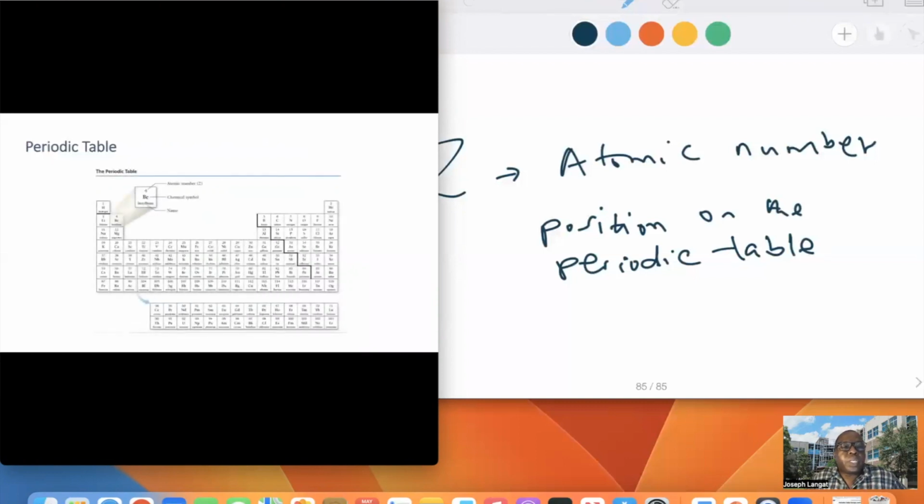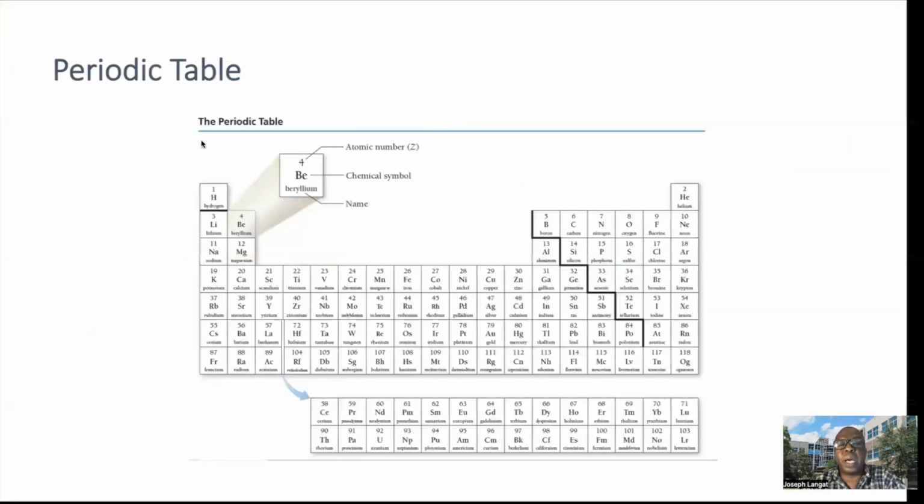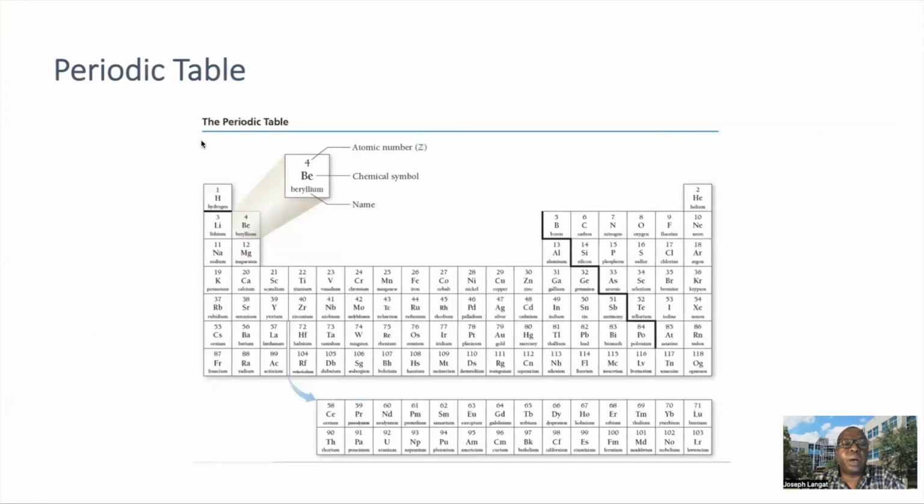This is a periodic table. You should be able to read it. Let me just zoom in. In an exam, maybe you'll just see black and white. But for now, this is to introduce you to how to read the periodic table. The number above the chemical symbol is what we call the atomic number, which is represented by Z. If I look at calcium, this is atomic number 20, and it has 20 protons.